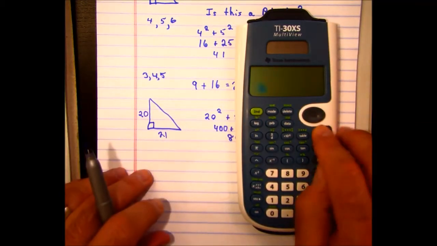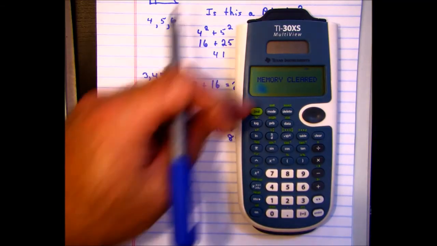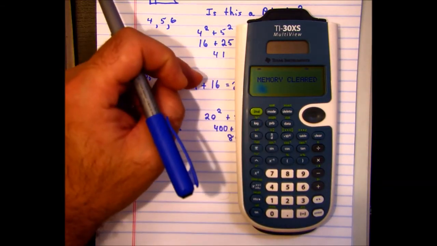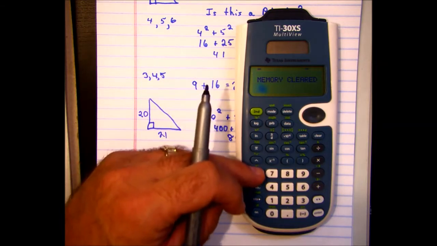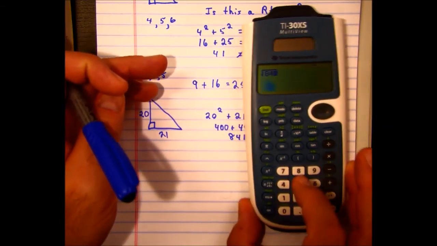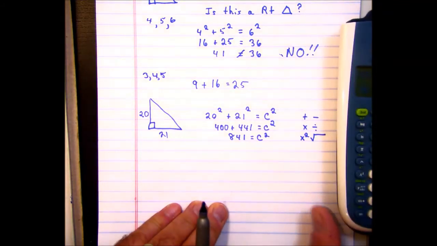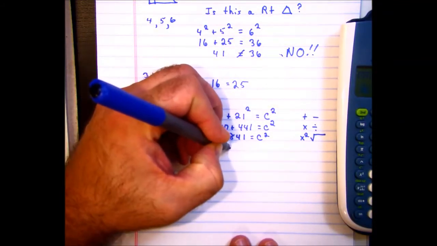This is when I use my calculator. If you follow along, you'll see how to use it. Second function, square root of 841 equals, and the answer is 29.